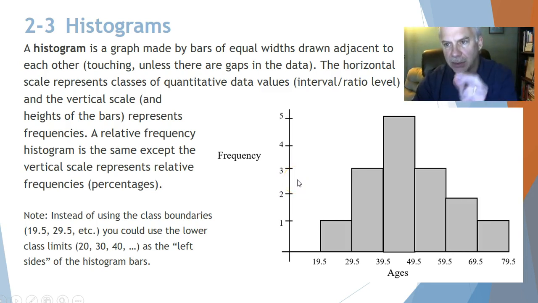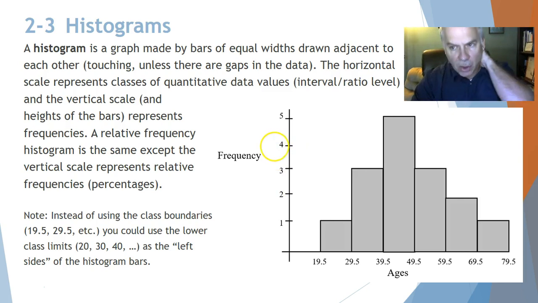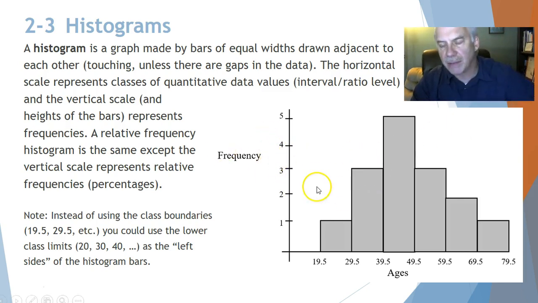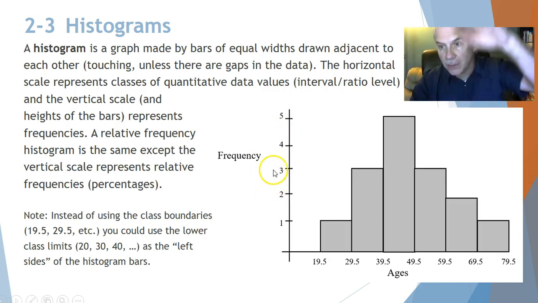So that was those frequencies that we had in our frequency table. That's always the case in a histogram. A histogram has the classes along the x variable or x-axis, along the bottom axis, and the frequencies or the relative frequencies along the vertical.